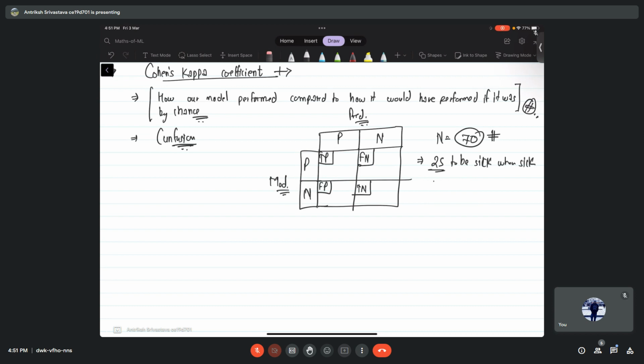But it predicted 15 more people to be sick when actually they were not sick.